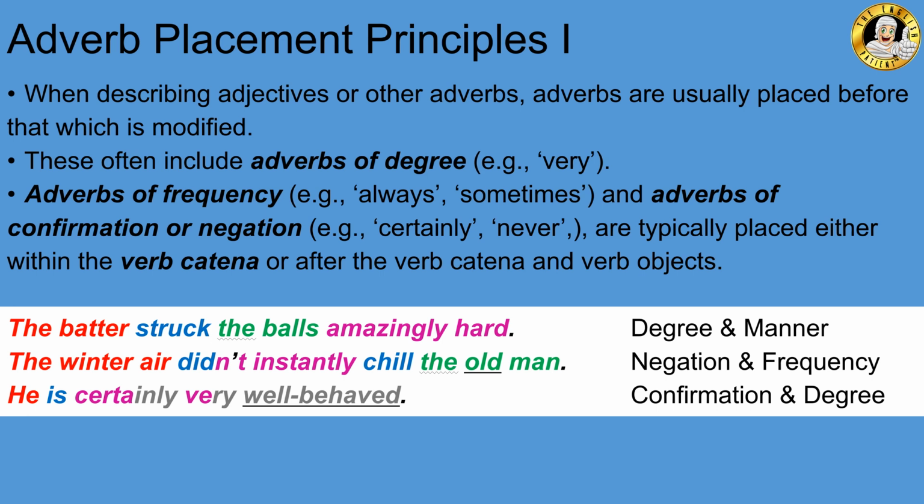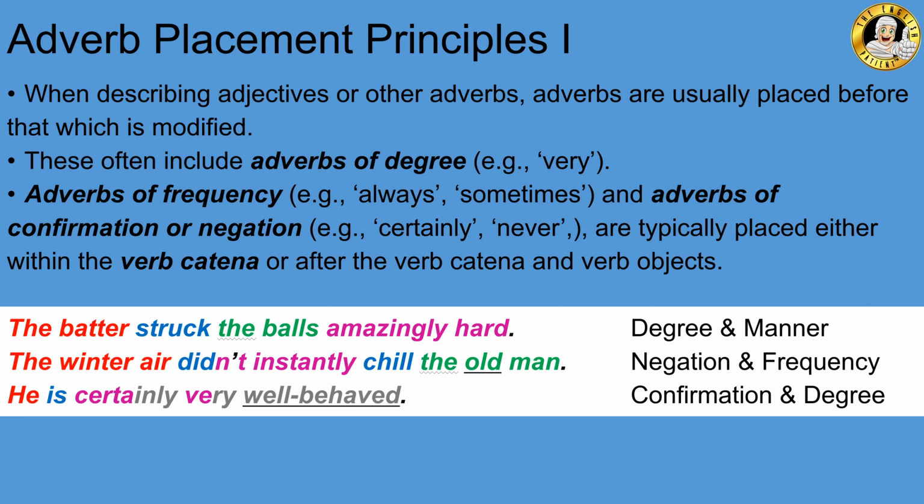So not is an adverb here of negation. And then we've got frequency. Instantly. Chill the old man. What are they describing? Well, it's describing the verb structure, as you can see. And in this case, actually, they've been placed inside the verb catena itself. Not is nearly always inside the verb catena.